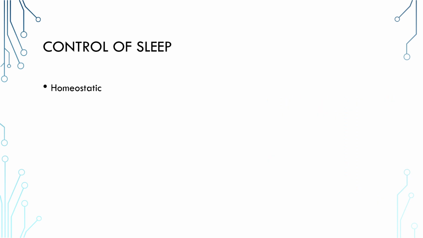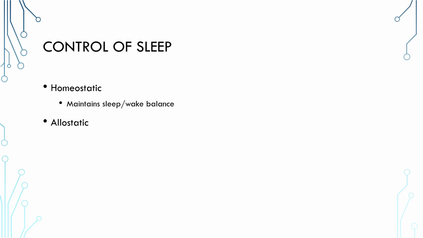Now let's look again at control of sleep. We have different kinds of control. First, homeostatic, which refers to the ability to maintain a sleep and wake balance. We need to sleep sometimes, and we need to be awake sometimes. So homeostatic basically refers to keeping things business as normal and maintaining a balance between sleep and wake states.